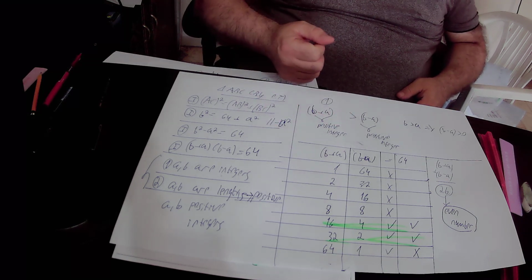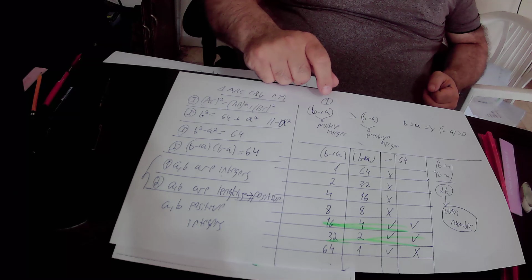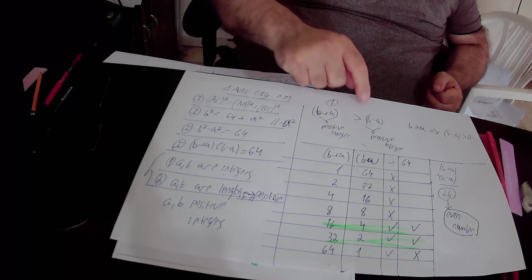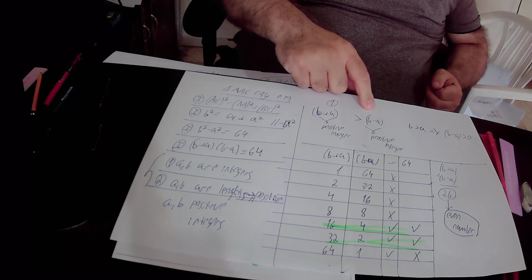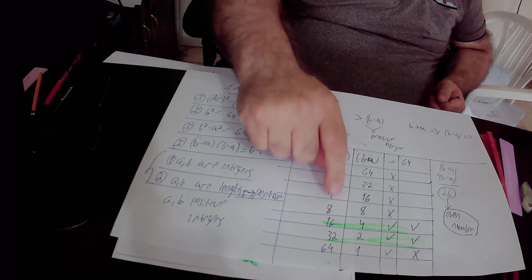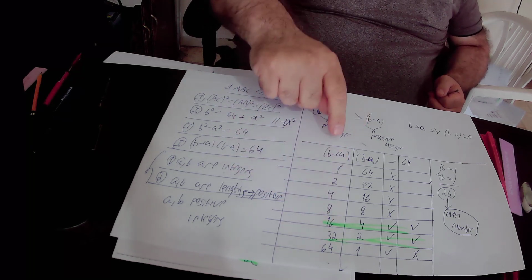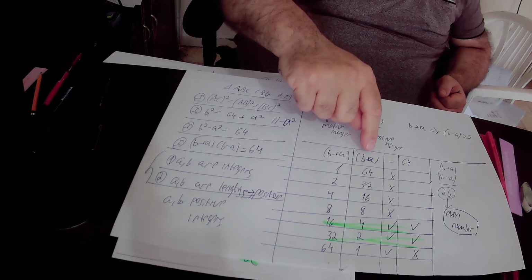But because we have already found out that B plus A must be greater than B minus A, the first column must be greater than the second column.